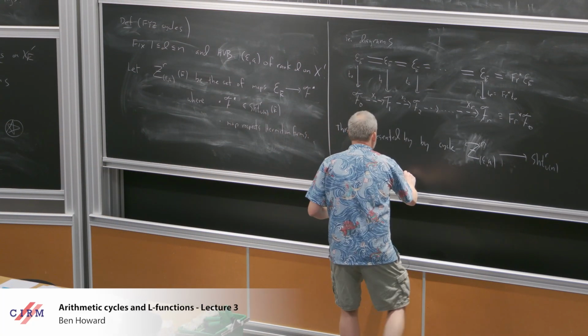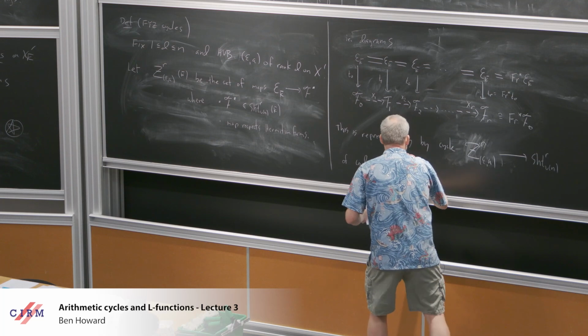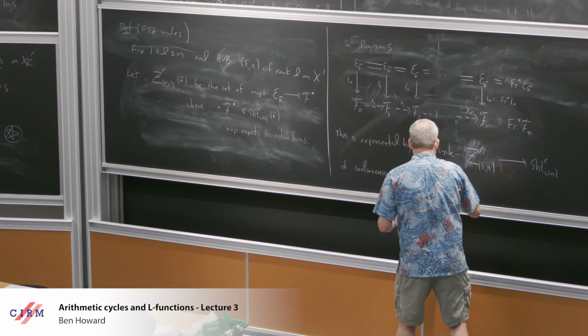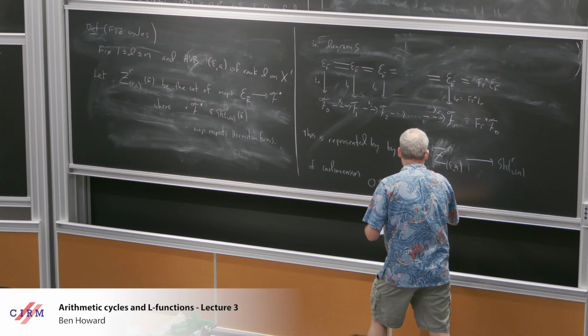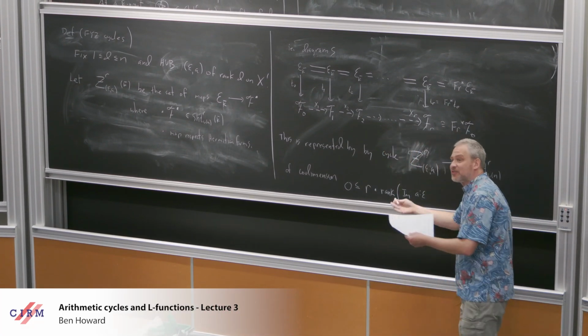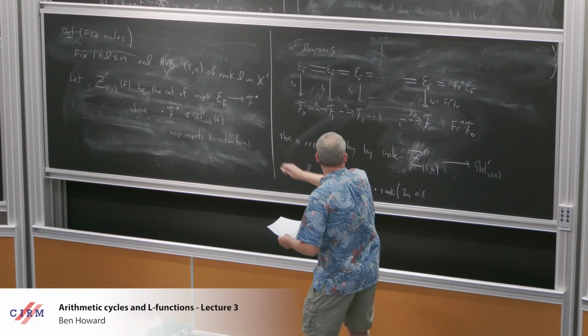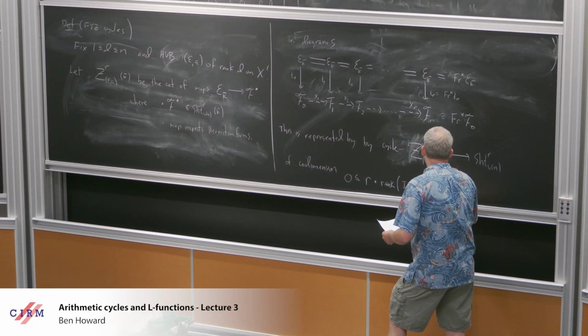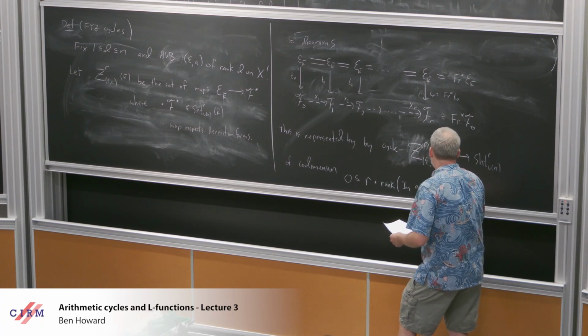The codimension is now R times the rank as a vector bundle of the image of, the rank has to do with the degeneracy of the Hermitian pairing on E. So you look at the Hermitian pairing, which we're expressing as a map from E to sigma pullback E check.